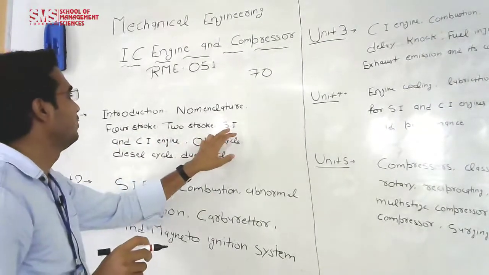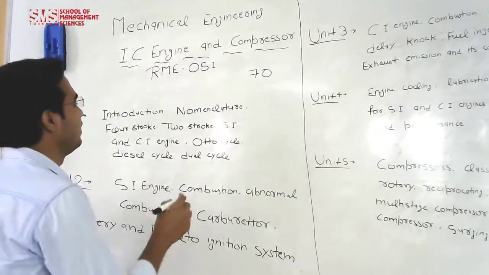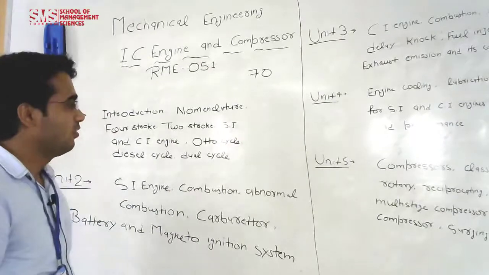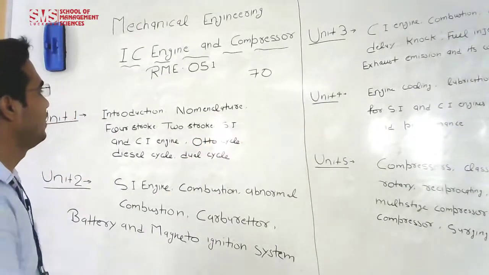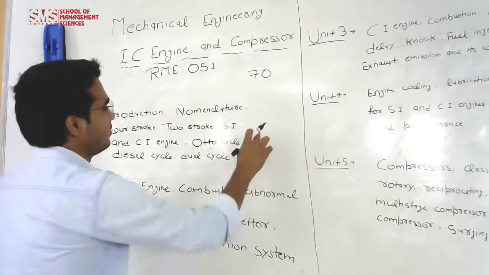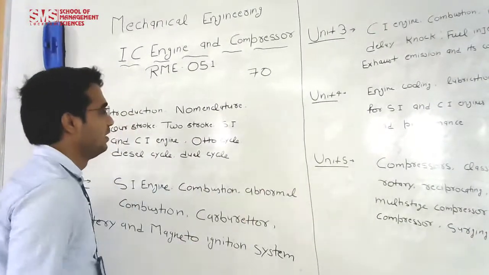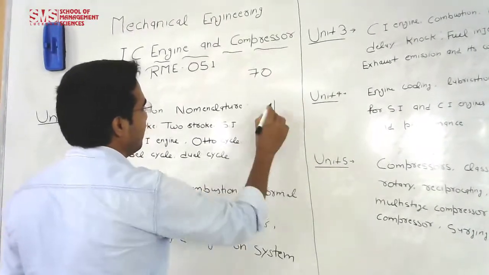Next we will move to SI and CI engine. This is also very important. In the question they will ask what is the difference between SI and CI engine. You will have to write 5 to 7 points by dividing SI and CI engine by a line.